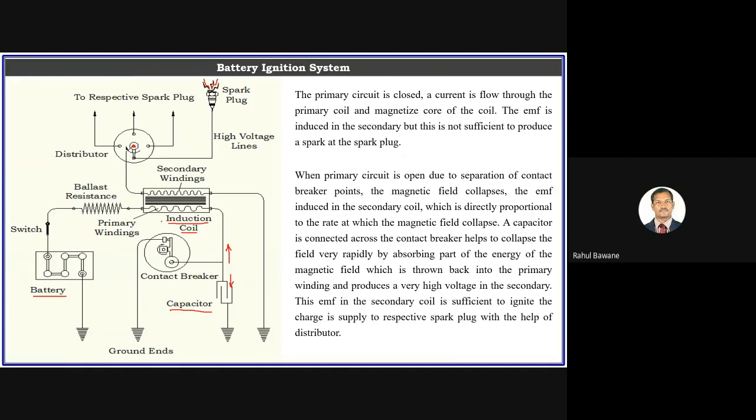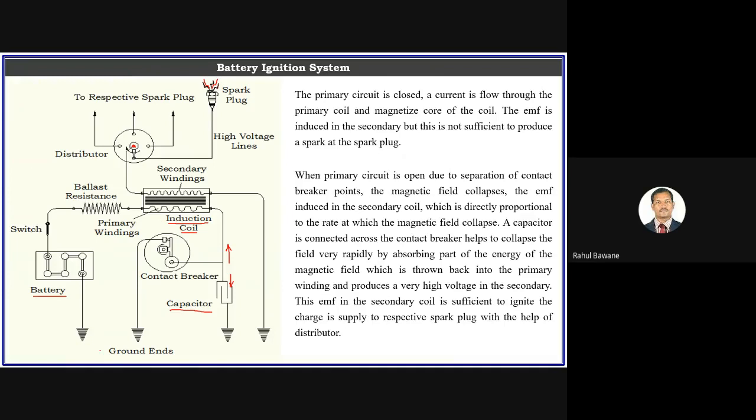So the EMF induced in the secondary is at a higher level. In addition, when the circuit breaks, the capacitor throws back the energy, and the rate of collapse of the magnetic field is increased. So a tremendous EMF is induced in the secondary voltage, and it is enough to produce a spark.